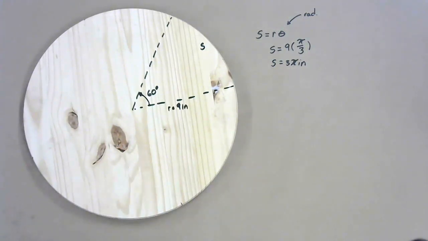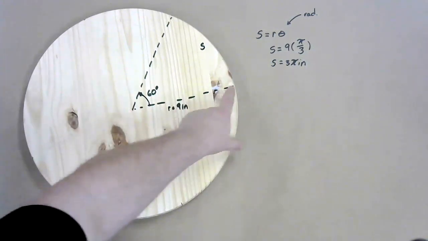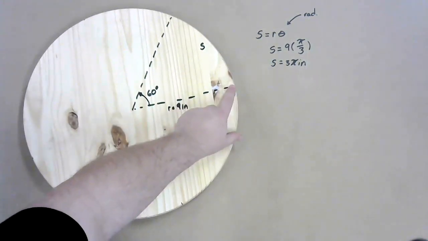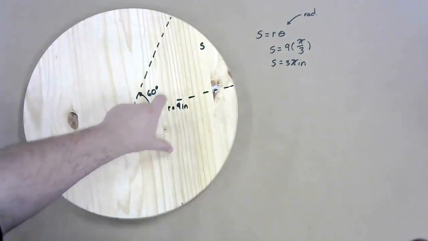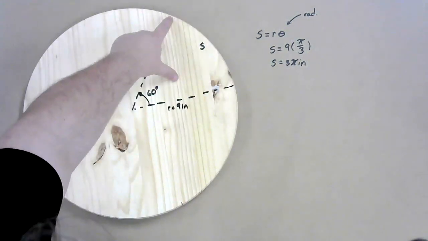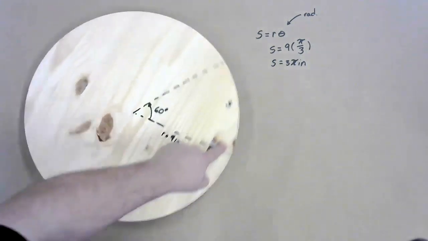But what I want to do to extend this is take it out of being a static problem. We're going to keep the radius fixed. But instead of having this angle be some fixed angle, and this arc length be some fixed arc length, we're going to let this thing move.